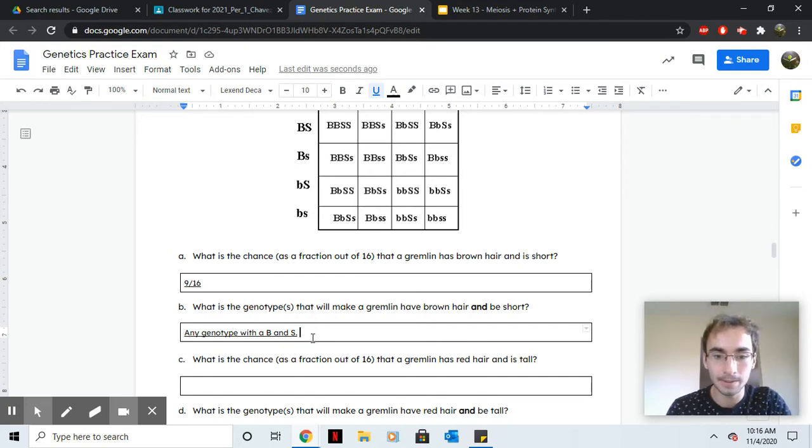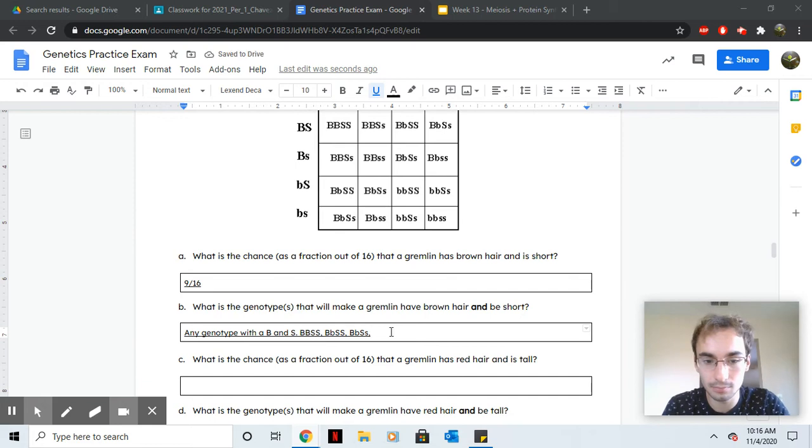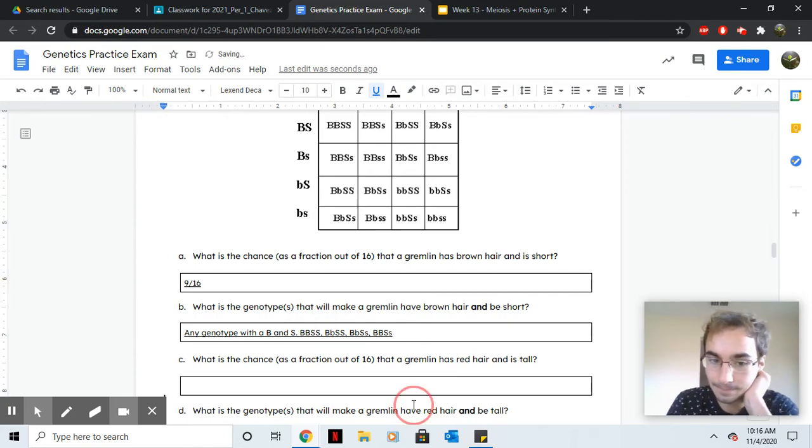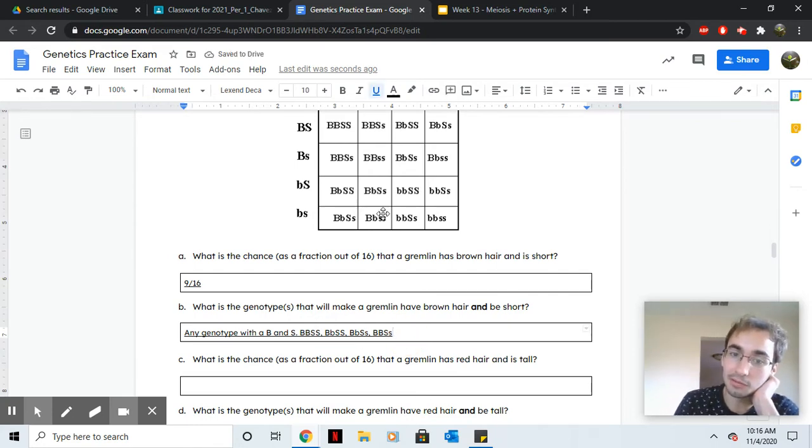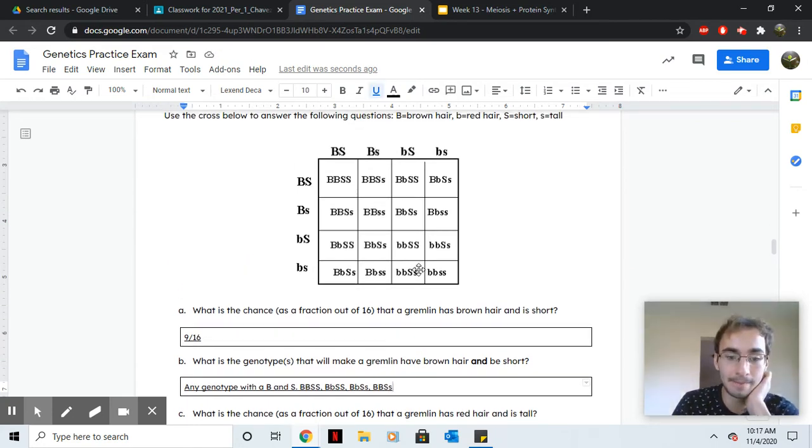Or you could have given me the 4 combos: 2 big B's, 2 big S's, 1 big 1 small, or both heterozygous. Those are the 4 possibilities. You could have found those in the chart too.